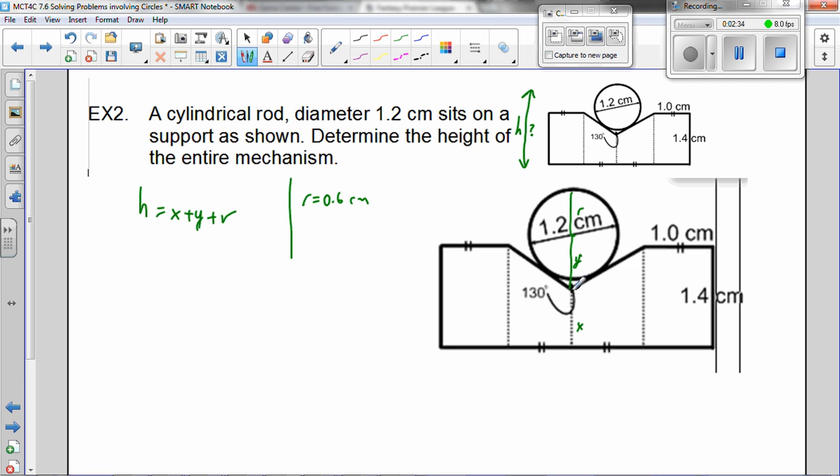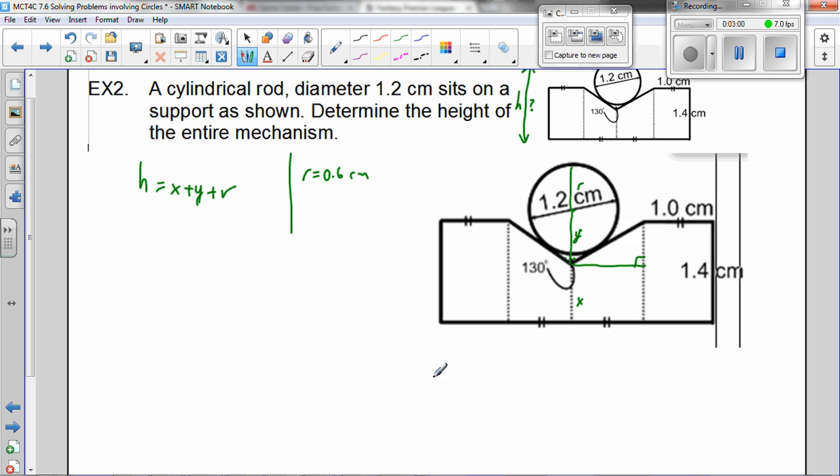Notice that for this piece X, what I can do if I'd like is draw a horizontal line straight across here. Then we kind of have to make an assumption that these lines are straight up and down, but then that's a 90-degree angle there, right? And if this angle is 130, then these pieces, let me just sort of do a sketch of that.